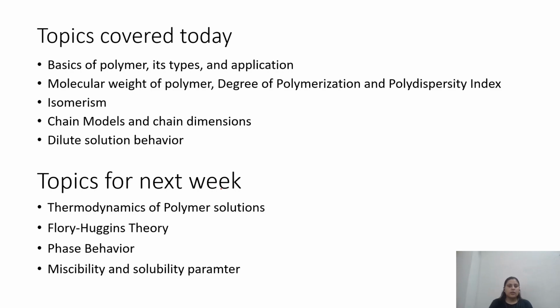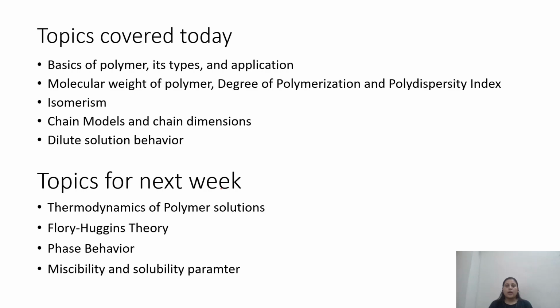After that, we discussed the molecular weight of polymers: number average, weight average, viscosity average, and Z average molecular weight. Then the degree of polymerization, and the polydispersity index, which is Mw by Mn.